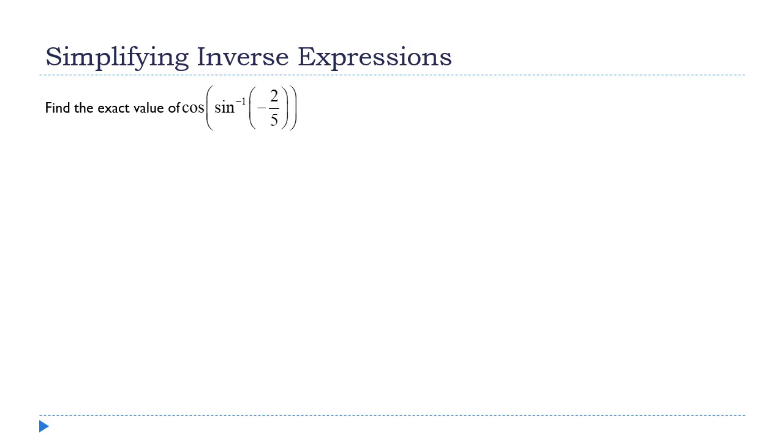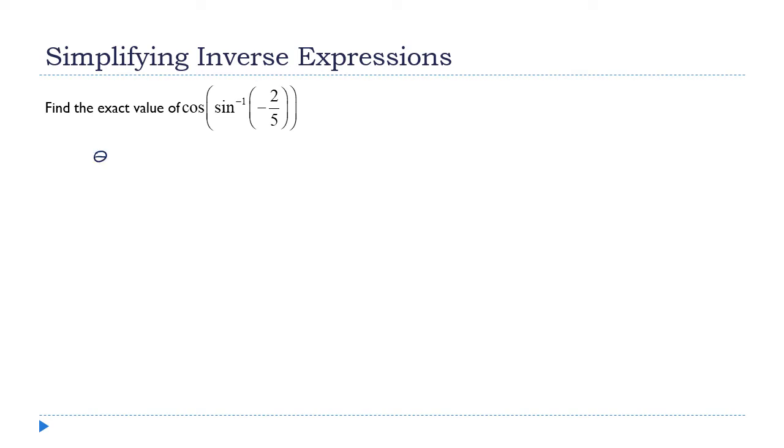All right, so how about this thing? That's not one of our special numbers. I don't know an angle whose sine is negative 2/5. All right, well, here's how we do these. First, remember, the inverse sine of a number is an angle, right? So let's write it that way.